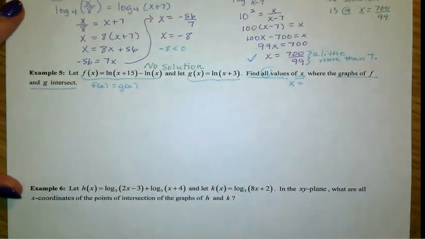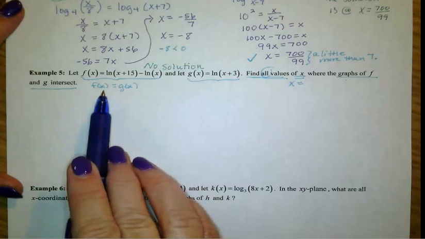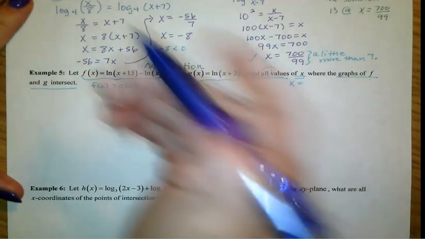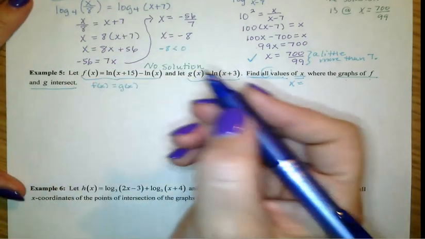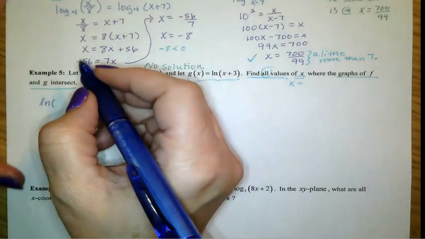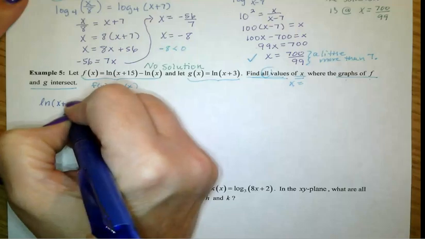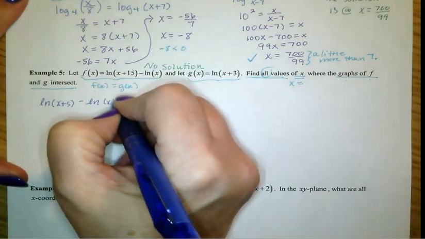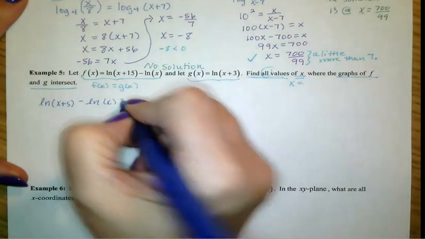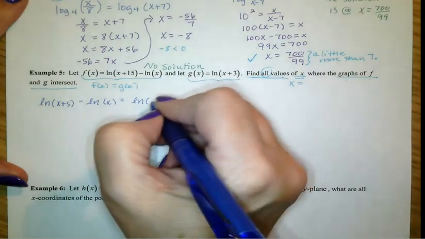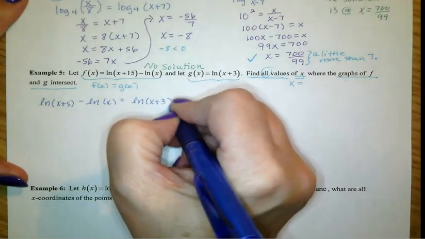Okay, so then to solve this problem, I'm going to do what I just said here. I'm going to take f of x and set it equal to g of x. So that means I'm going to have the natural log of x plus 5 minus the natural log of x, and that's going to be equal to the g of x function, the natural log of x plus 3.